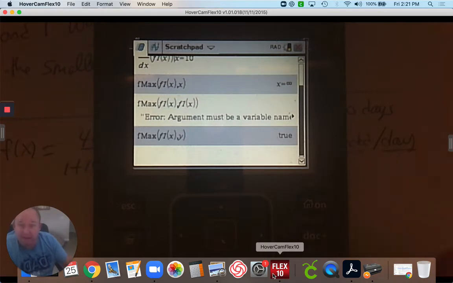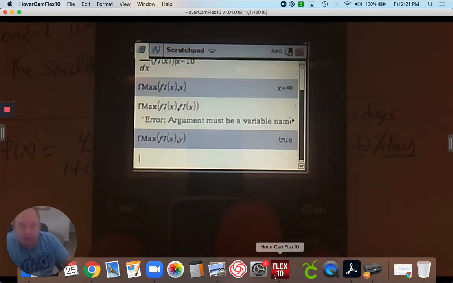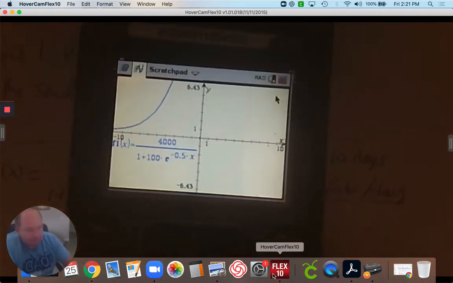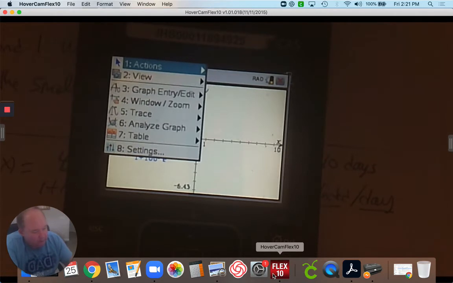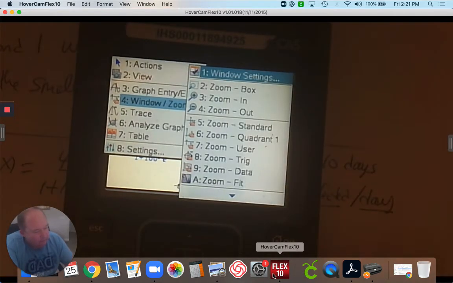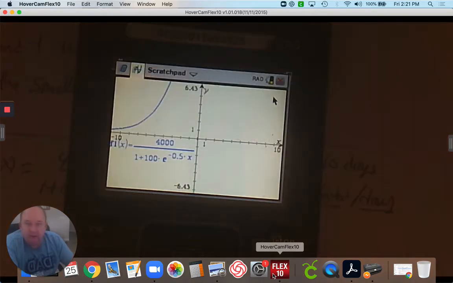So instead, in terms of the maximum, I'm going to go to the graph. And there's my graph. I'm going to expand out. So I want that window. I'm going to first see if it fits the data, if that's nice or not nice.